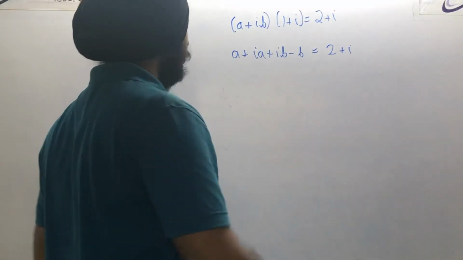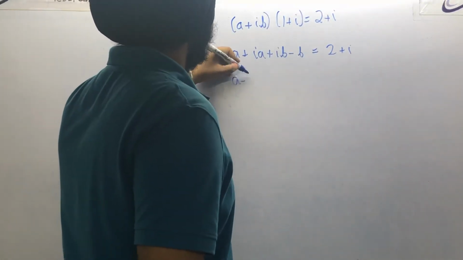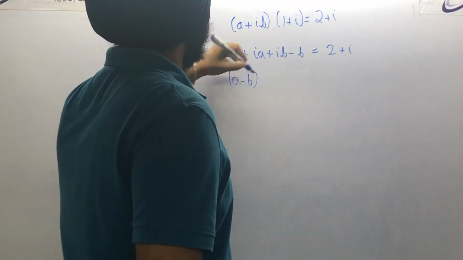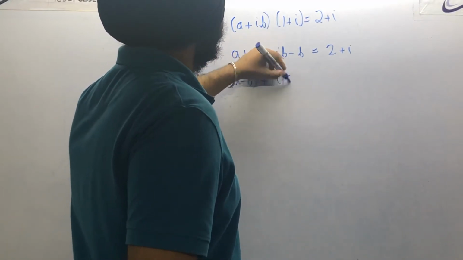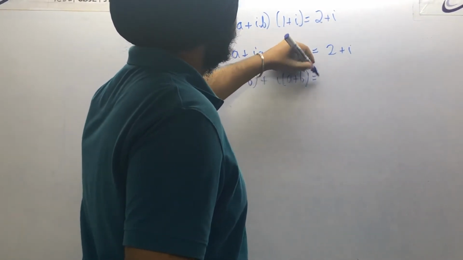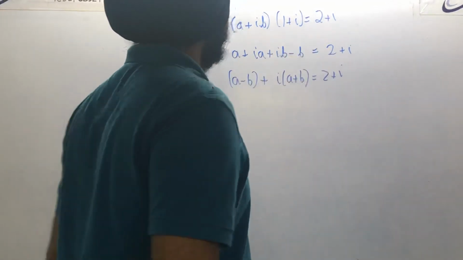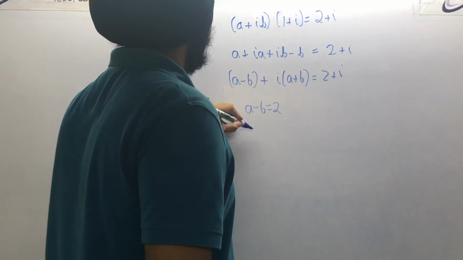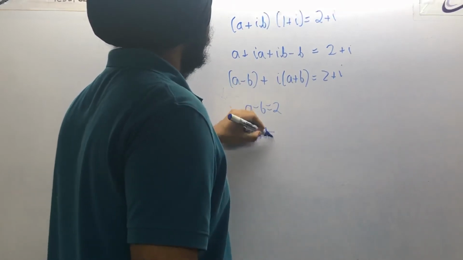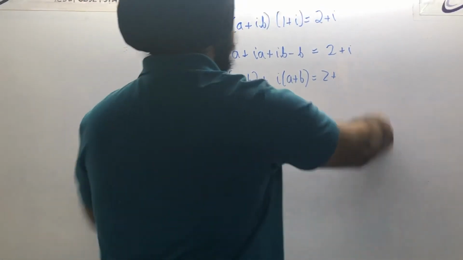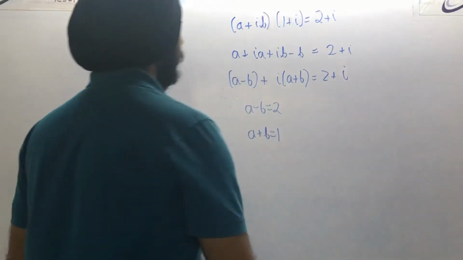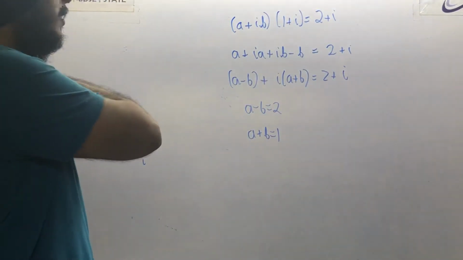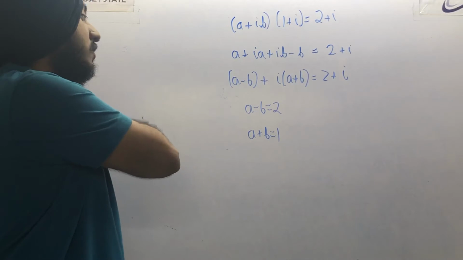Okay, now separate imaginary and real parts. A minus b is equal to 2 and a plus b is equal to 1. I just equated the real and imaginary parts. So a minus b is equal to 2 and a plus b is equal to 1.